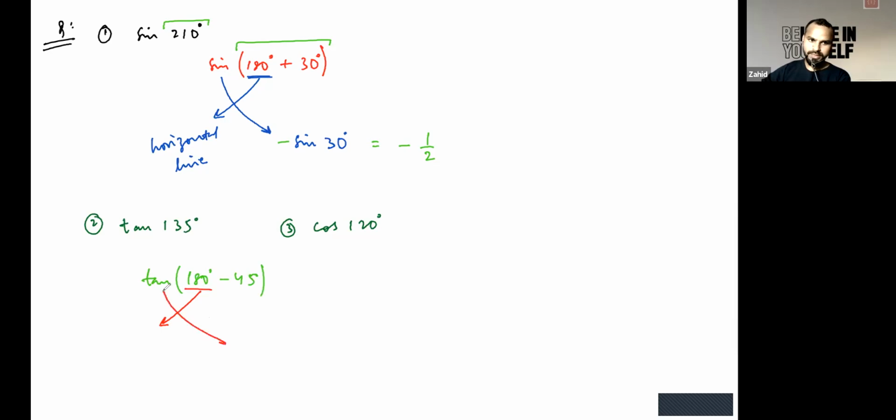So it will remain the same, that is tan 45 degrees. Now, this angle would lie in the second quadrant where tan theta would be negative. So just write negative here. So it will be minus of tan 45 degrees. And as we know, tan 45 is 1. So it will be minus 1. Is it clear, Fawaz? Yes, sir.